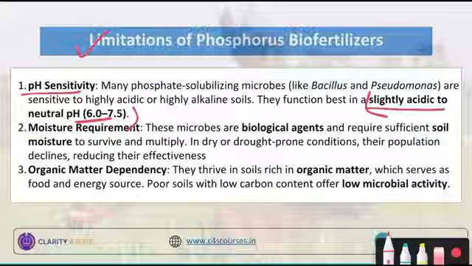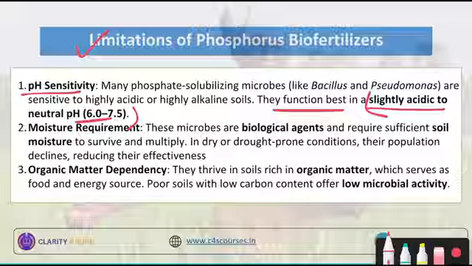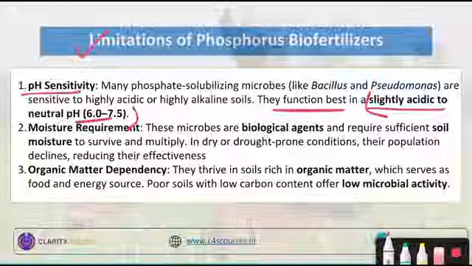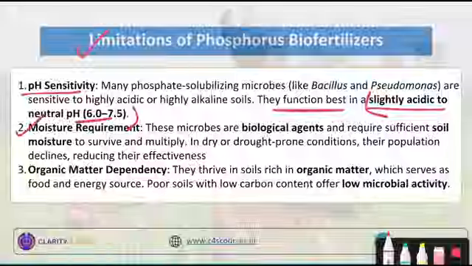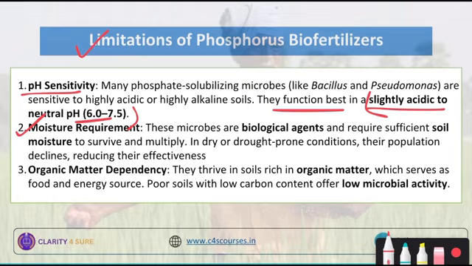If it is less or more than this, there will be less efficiency and less solubilization of phosphorus. Next is moisture requirement.